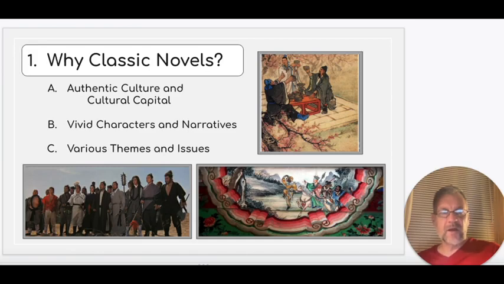So they present a variety of what we might call exemplary situations, kinds of interactions, problems being solved, problems being created, all kinds of ways to illustrate themes, deep themes in Chinese life and history, but in a very entertaining way.